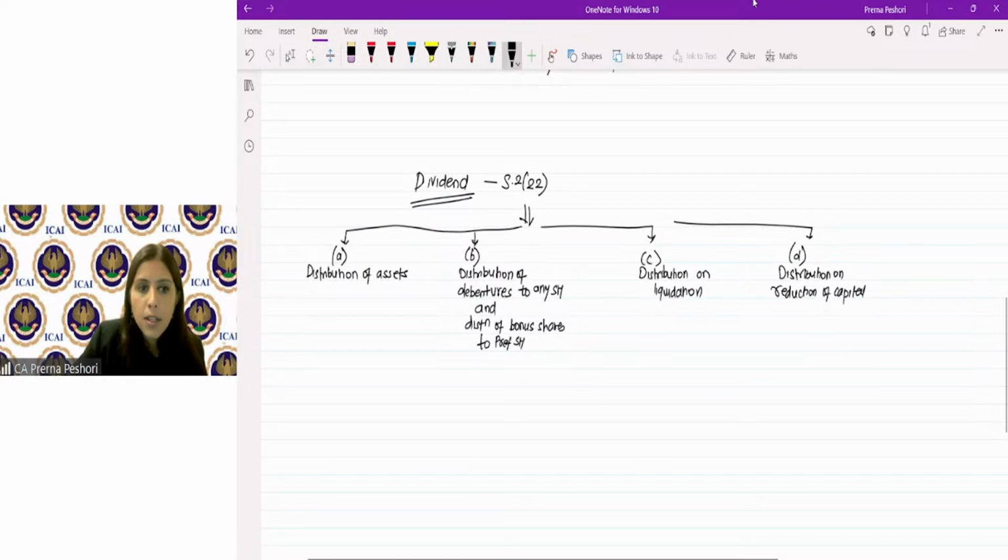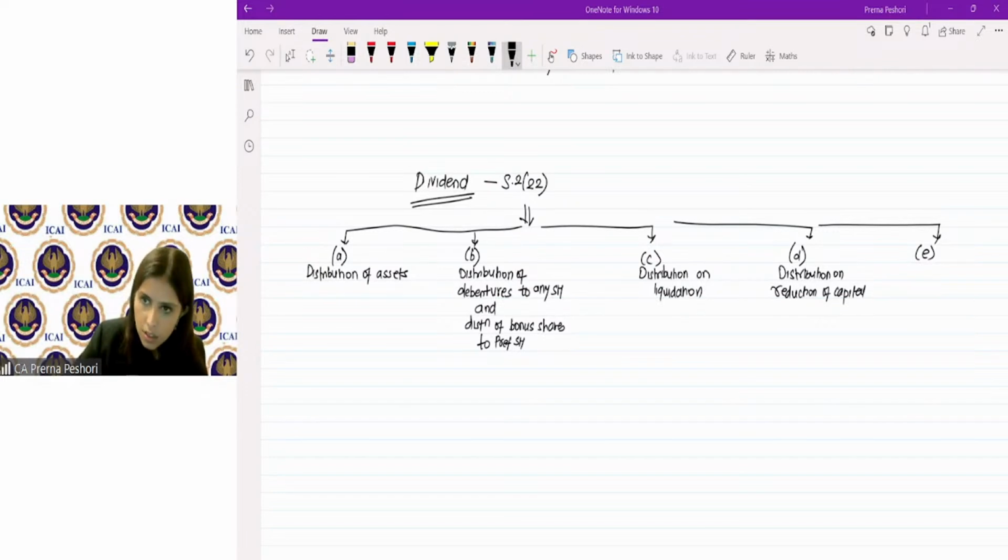Then 2(22)(e) is the payment to a company, payment to a shareholder, or you can write it like this. Just write payment to a shareholder in the nature of advances or loan.